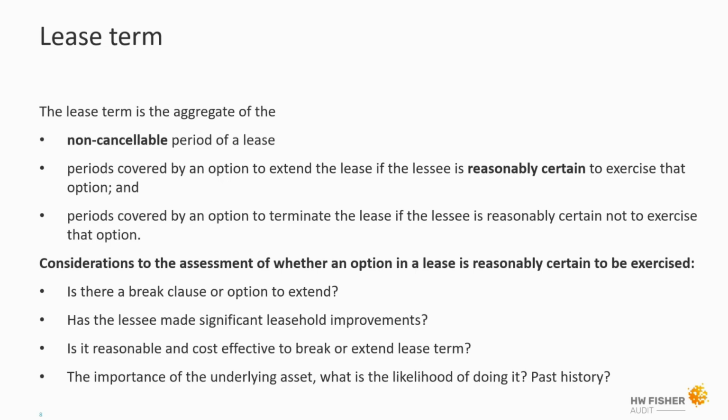Now, when we're looking at our leases going into this, the lease term includes periods covered by an option to extend the lease. So potentially that 10-year lease with the 5-year break clause, that second 5 years is reasonably certain to exercise that option.